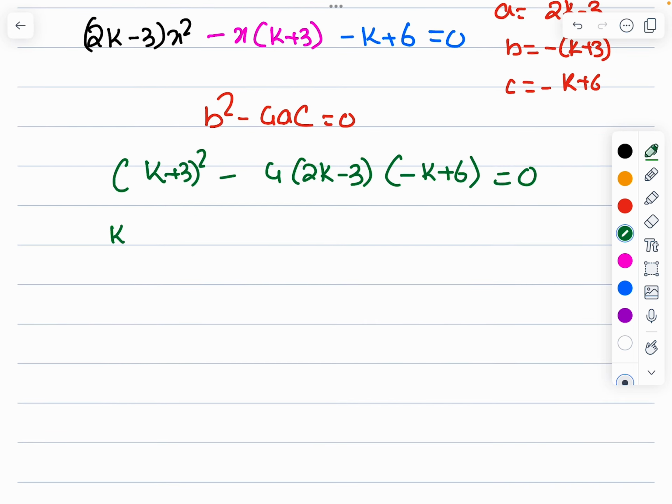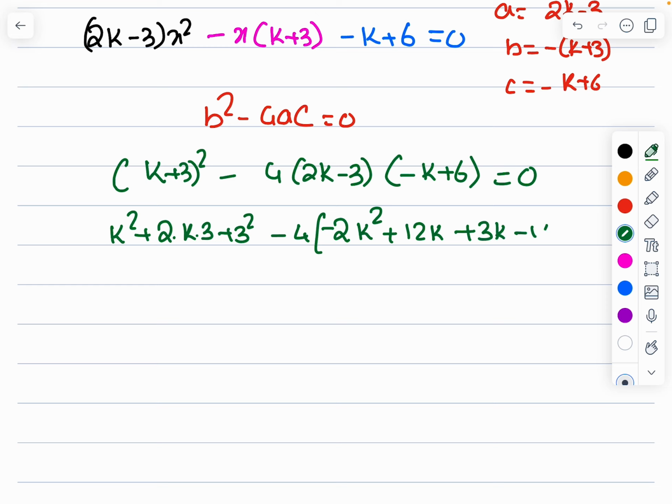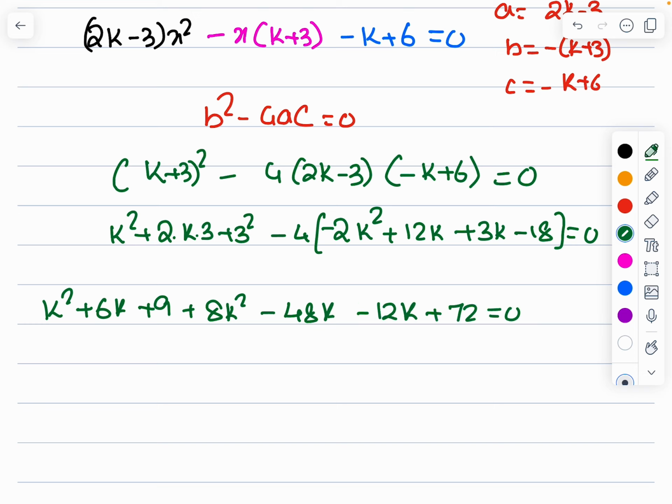So it becomes k² + 2 times k times 3 + 3² minus, now we have to expand this one, 4 times 2k times negative k is −2k², minus, plus 12k plus 3k − 18 = 0. k² + 6k + 9 + 8k² − 48k − 12k + 72 = 0.